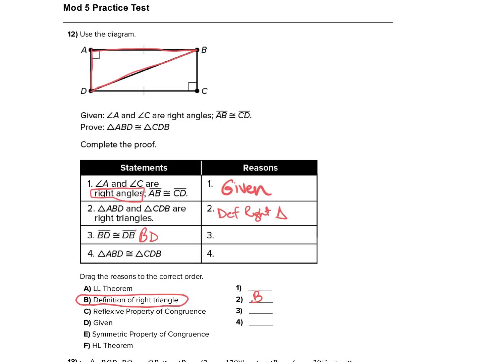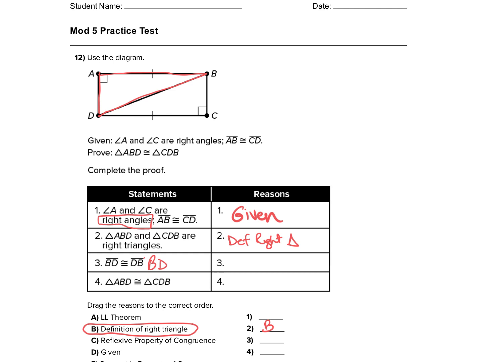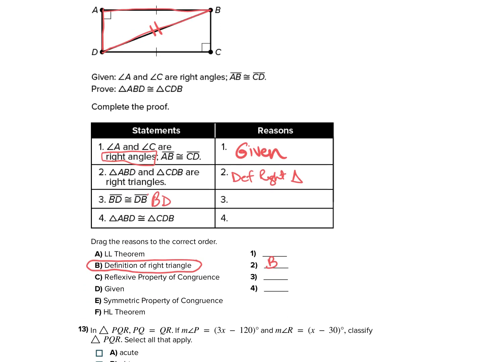Okay, and we know, as I've mentioned earlier, that any shared side can be considered congruent. And you may or may not remember, but that is the reflexive property. The reflexive property says that anything is congruent to itself. So that's going to be C.